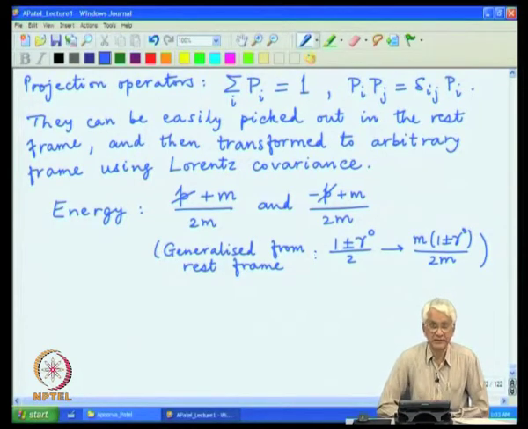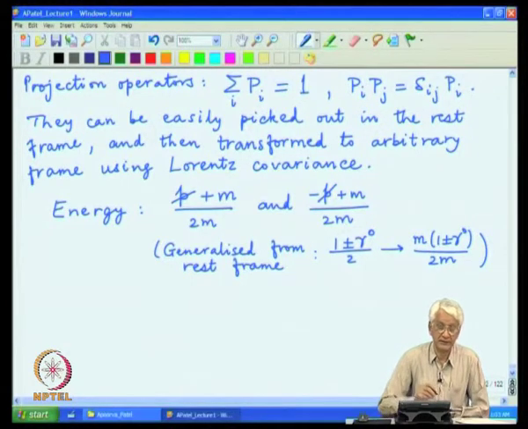So, these are the projection operators for the energy. They have been made into the Lorentz covariant form by using this P slash.